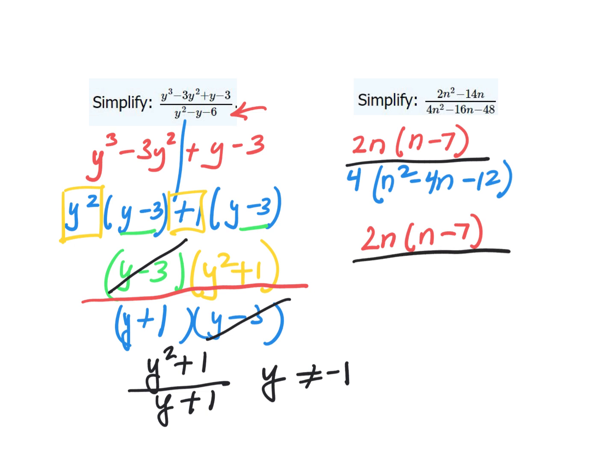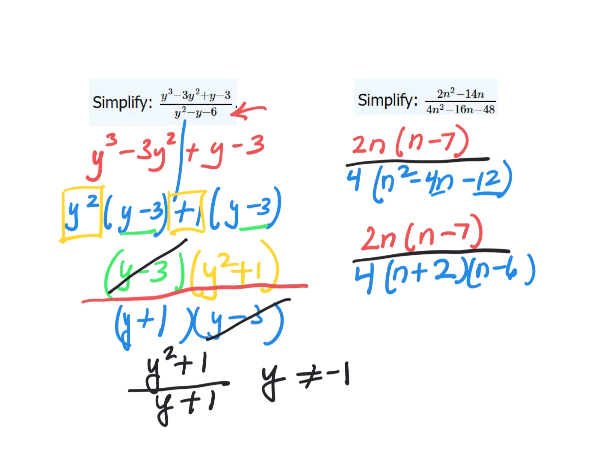When I look at the denominator, my GCF was 4. I'm going to look at this. Two numbers that multiply to a negative 12 would be 1 positive and 1 negative, and I need to be able to make a negative 4. So that is going to be a negative 6 and a positive 2.